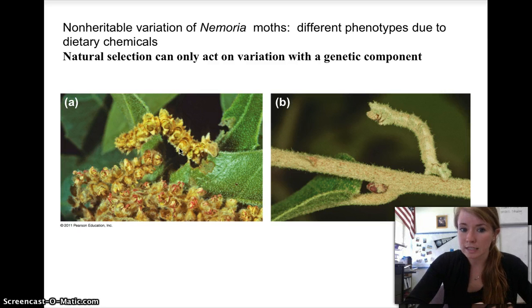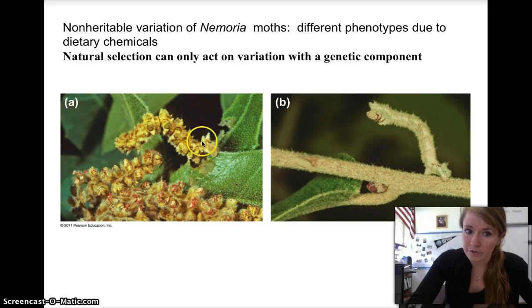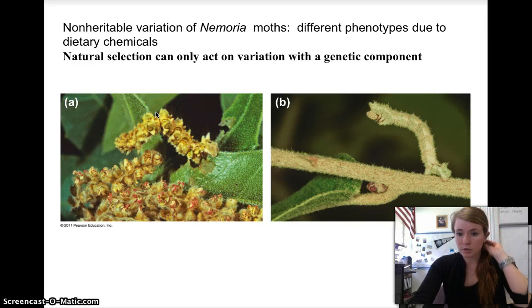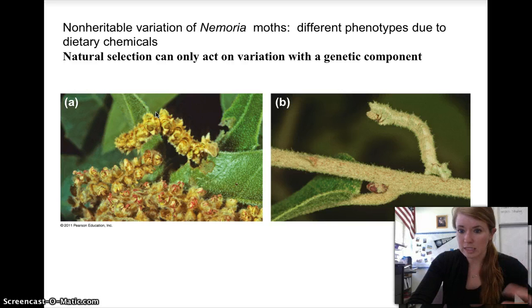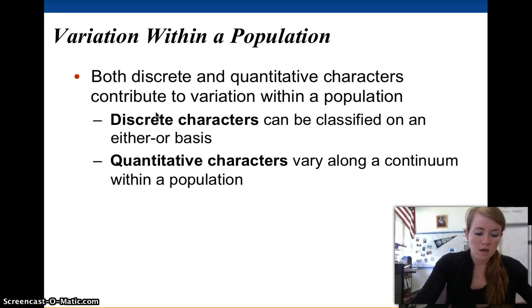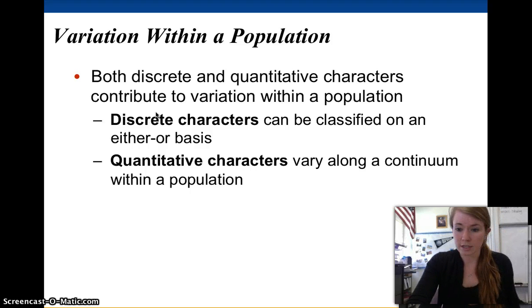This one's living on a tree branch, this one's living on a leaf, and whatever they're eating is making them look different. Probably so they can blend in with the tree, I don't really know. But that is not heritable. So if this one has offspring and they start living over here, they're going to look like this one. The way that they look, their physical appearance, is not being passed on. It's totally environmental.